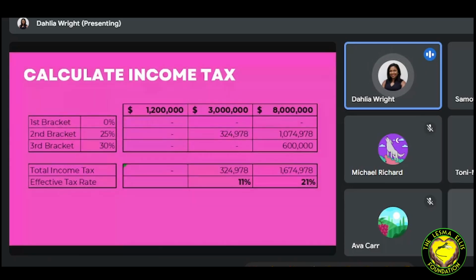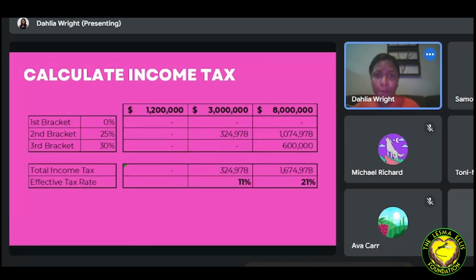The second amount, which would be about 4.3 million, is between the 1.7 and 6 million bracket. That's all of the funds that you're making in between that bracket. It will be taxed at 25%.